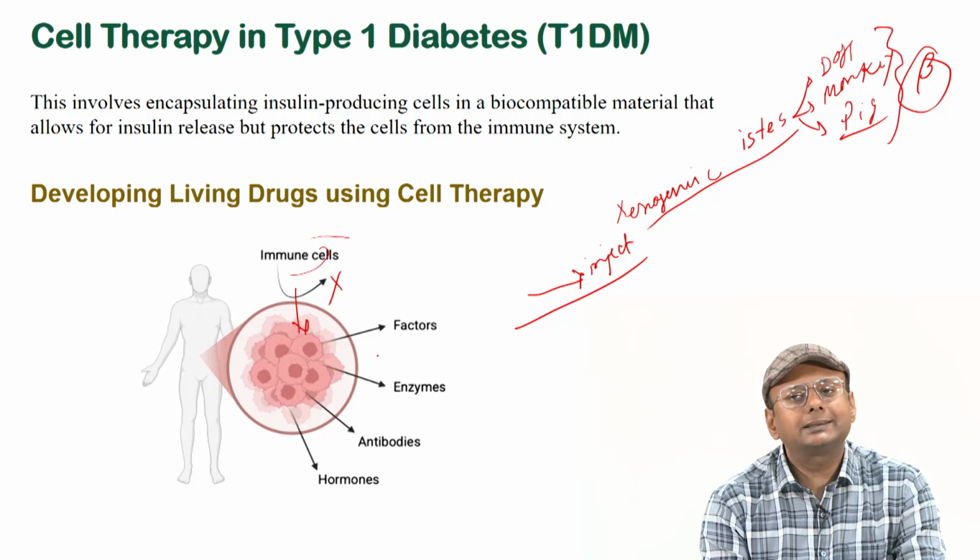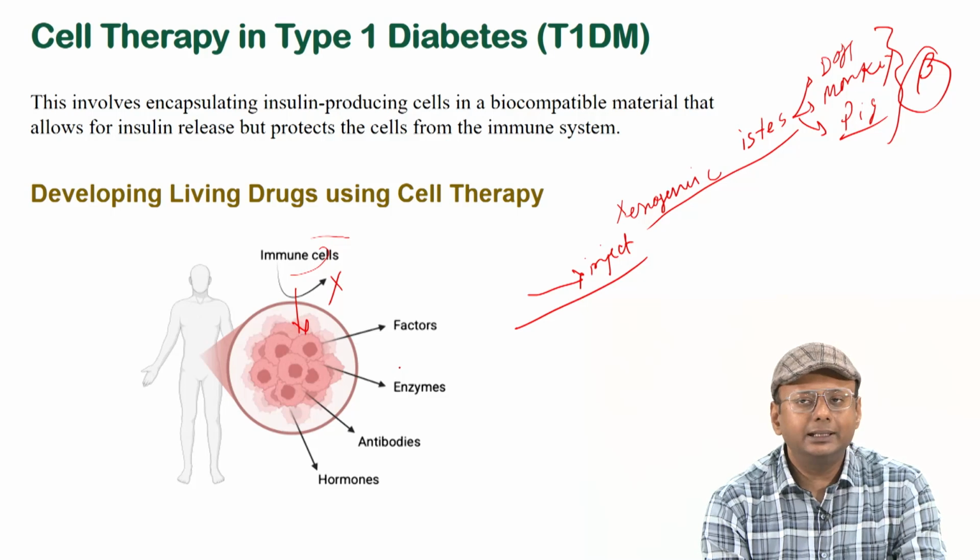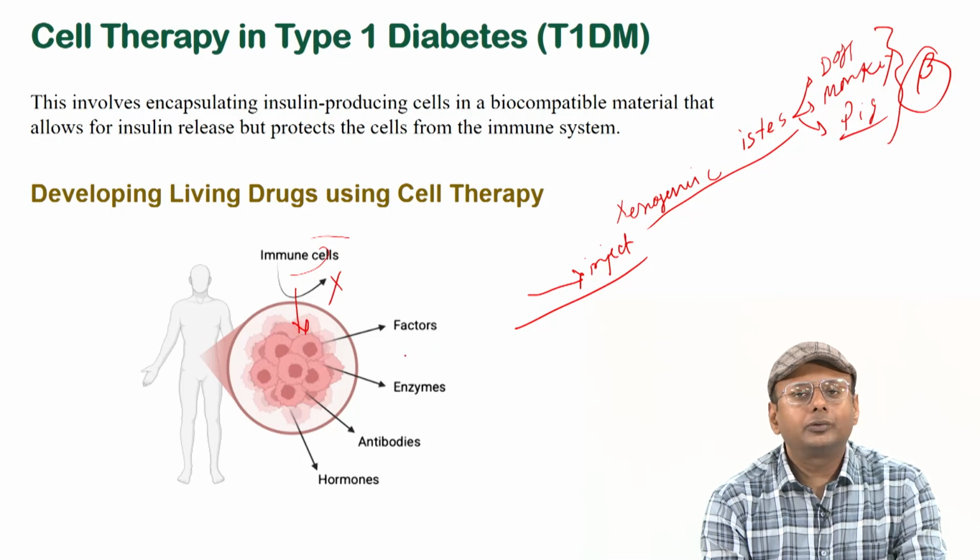It also has proper pores, proper porosity, so that all the nutrients and oxygen can come in. So it allows oxygen and nutrients, but it doesn't allow the immune cells.